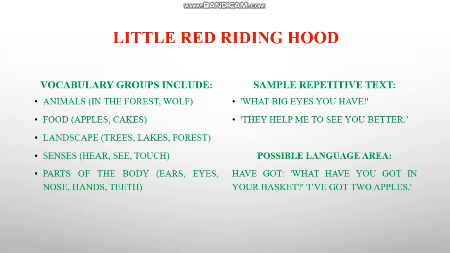You can see simple repetitive phrases such as "What big eyes you have," or "All the better to see you with." And from the fairy tale, they can easily learn how to use the phrase have got, for example in the sentences, "What have you got in your basket?" or "I have got 2 apples."